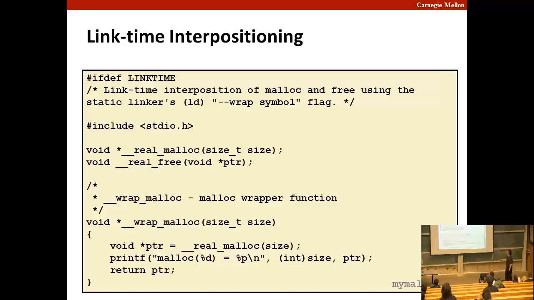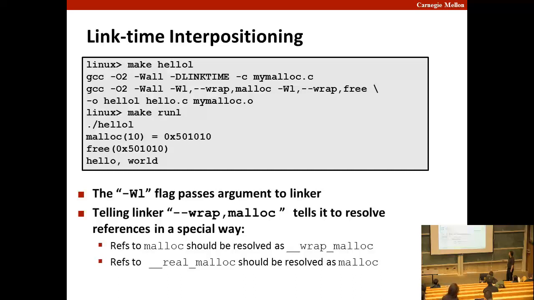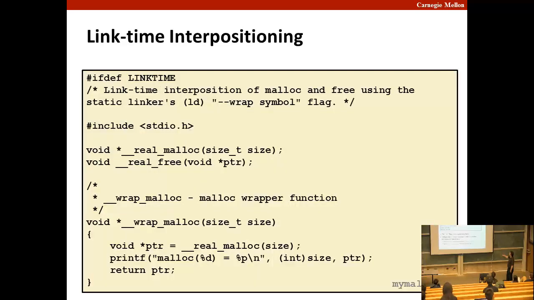And so now we write a function called wrap malloc, and we write a function called wrap free. And the linker is going to automatically wrap malloc with wrap malloc and free with wrap free. Then as to what happens to the real malloc and real free, they get called underscore underscore real underscore malloc and underscore underscore real underscore free.